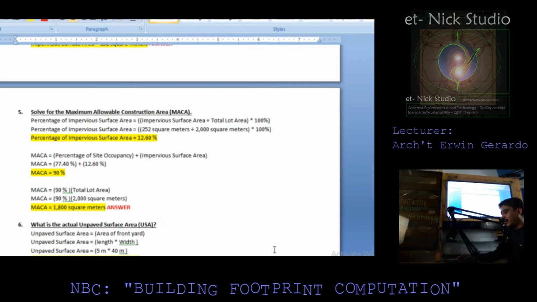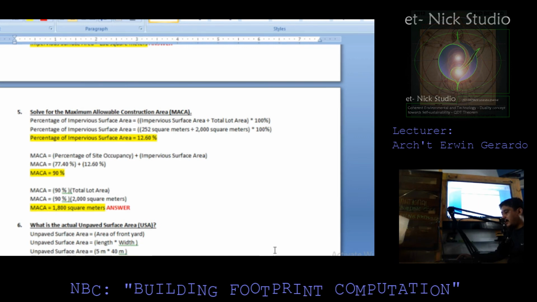So what is the actual unpaved surface area, abbreviated as USA? Unpaved surface area, area of the front yard. So you are actually referring to the setback. So take note that the frontage of the lot is 40 meters and having a setback of 5 meters.